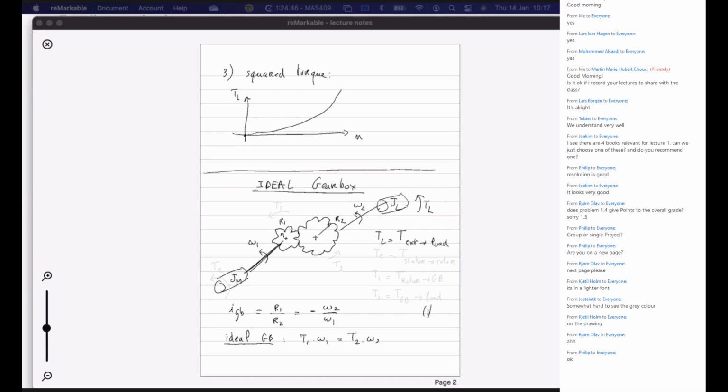Which means that T1 is equal to omega 2 divided by omega 1 times T2. And that's equal to minus the gearbox ratio times T2. So that will be equation 2.